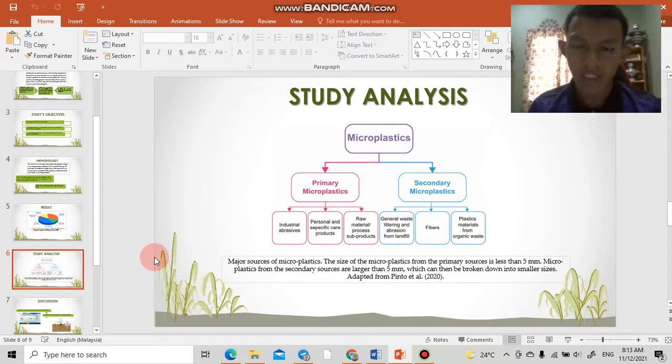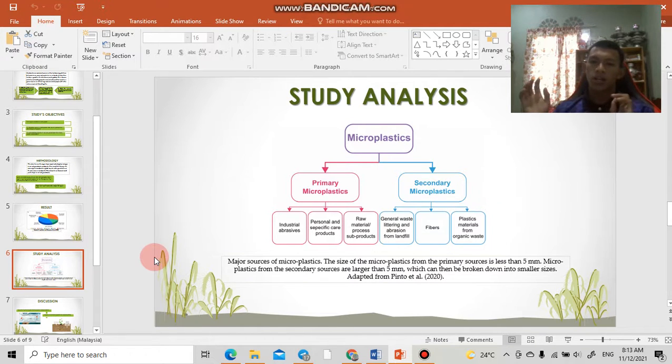Alright, now we go through the study analysis. The study analyzes microplastic, which can be of two types: primary microplastic and secondary microplastic. Primary microplastic is the first microplastic produced in the factory, for example industry abrasives, and second, personal and specific care products, raw material from by-products.